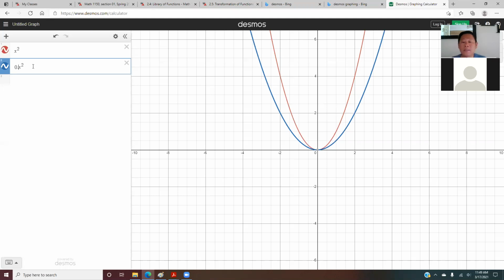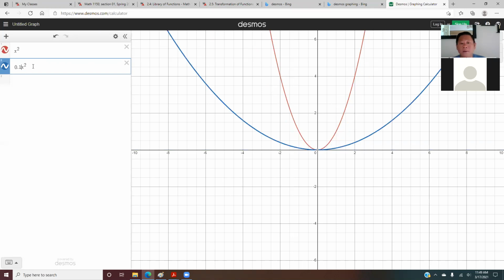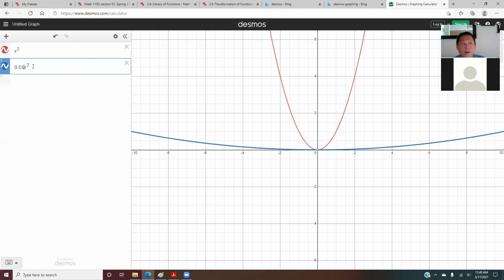So you can look at this. This is x squared. If you type 2, the blue line is getting narrower. If you put 3, even narrower. If you put 4, the higher the number you put, the narrower the graph gets. But that number has to be greater than 1. If you put 0.9, the graph is getting a little bit wider. 0.8, wider. 0.5, wider. 0.1, even wider. 0.01, even wider.